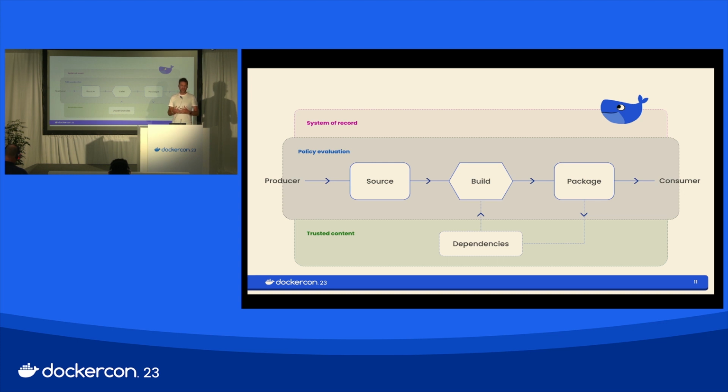Without a secure base, you can't really have a secure software supply chain. So the Scout team, and Docker, is heavily investing into that lower section of the sandwich diagram by adding signed attestations to those trusted content images.